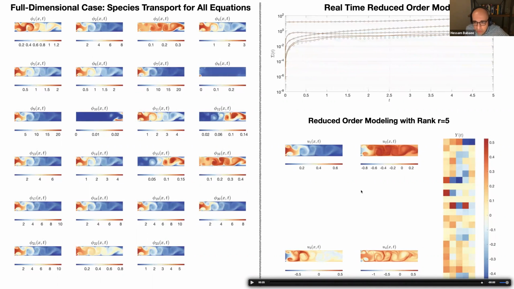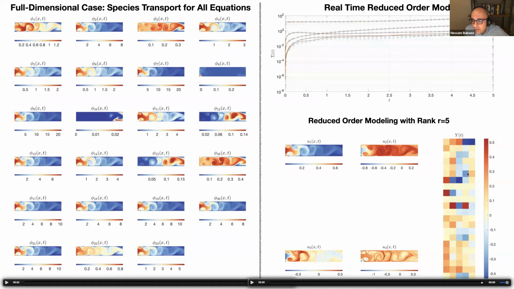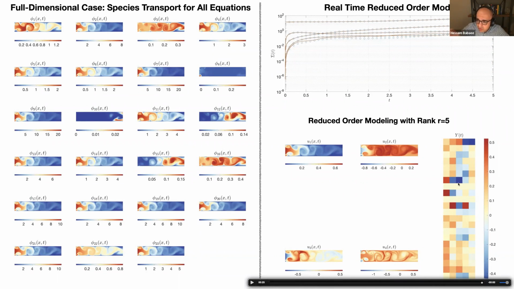But here the modes are also evolving with this system, and so does this Y coefficient. So this Y matrix, each column is an orthonormal vector, and so collectively they represent a time-dependent subspace in the composition space.